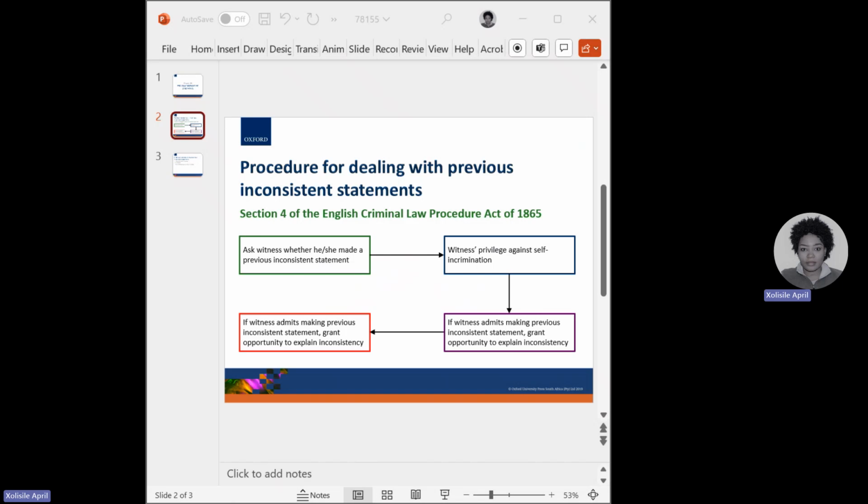When deciding how much weight to give to a previous inconsistent statement, the court considers the following: the nature of the inconsistency. Is it about a small detail, or is it about the central issue? If it's about a small detail, maybe a witness says, when I arrived at the shop, it was about to be closed.